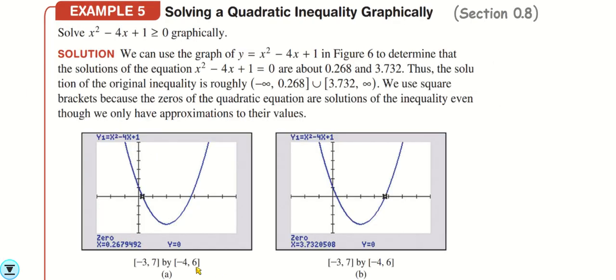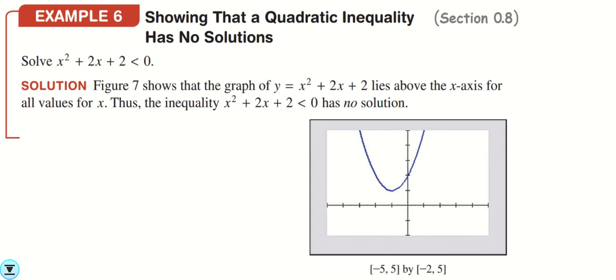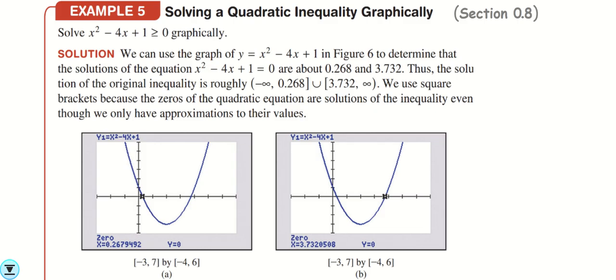These last two examples, I don't think I covered anything up, so you can just look at them at your own convenience. I think this one was basically where you could use the quadratic formula if you wanted to do this analytically.